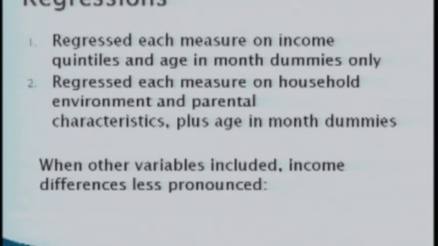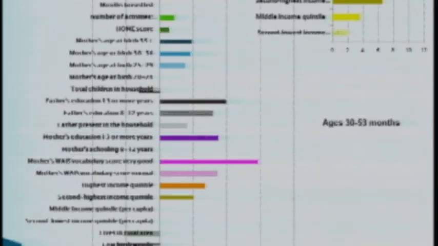Each regression will control for the age dummies. The first regression will also control for the income quintiles. The second regression will control, in addition, for a number of other characteristics, including maternal, paternal schooling, maternal test results, birth weight, some other characteristics like that.